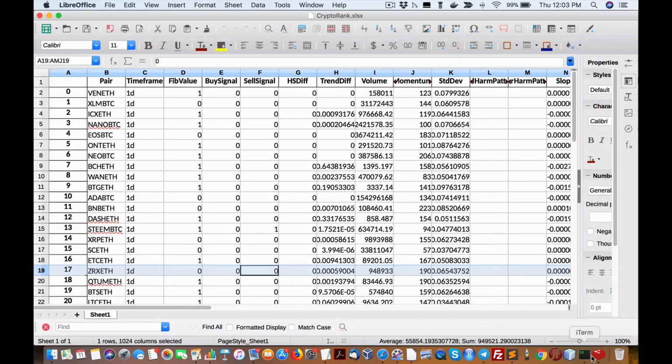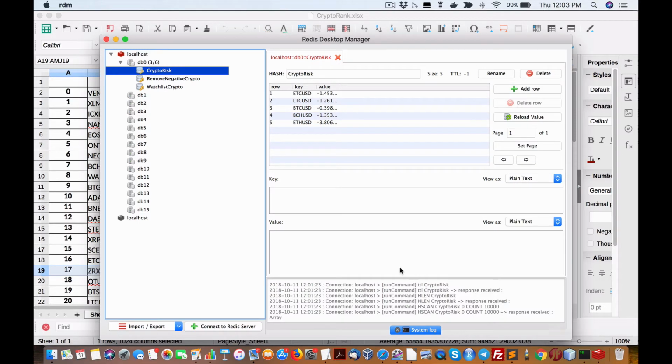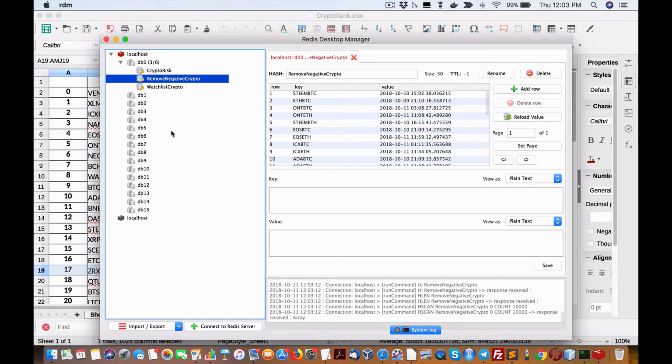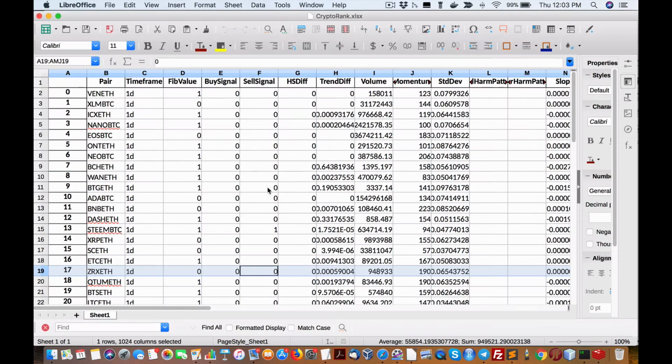Let me just see how ZRX is doing. Is it on the watch list? But it's been removed. Anyways, so there's that. Let's say this one, ADA, but it wasn't on the watch list. Anyways, so we have momentum.